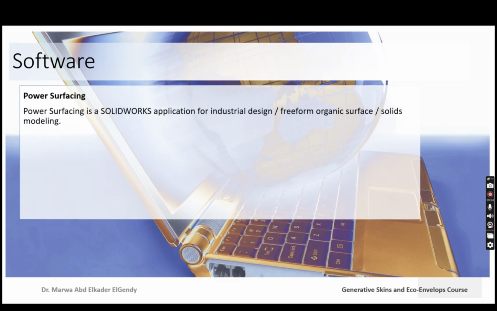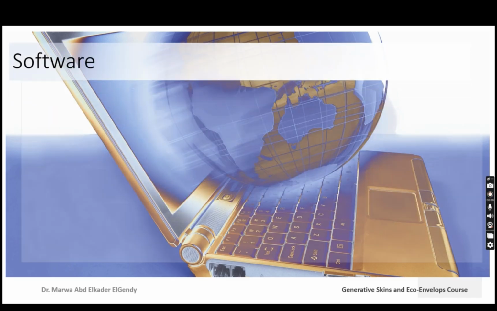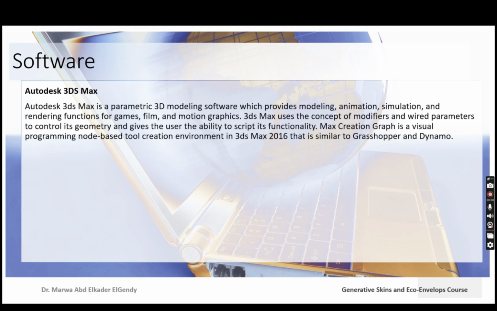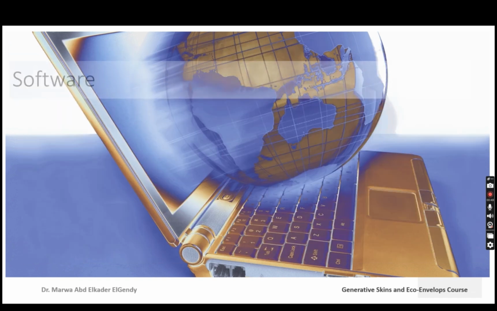Power surfacing is an application, and also CATIA, computer-aided three-dimensional design, used in the Guggenheim Museum for Gehry Technologies. And the other software, Autodesk 3D Studio Max, and Autodesk Maya, you can also use in your designs.